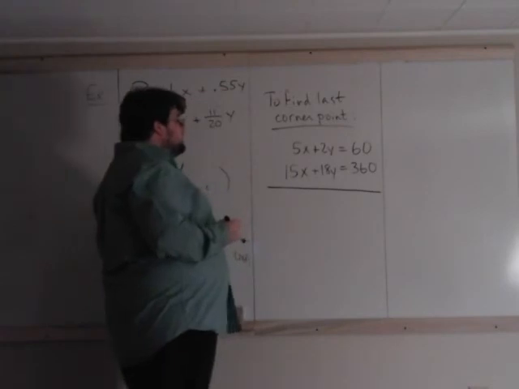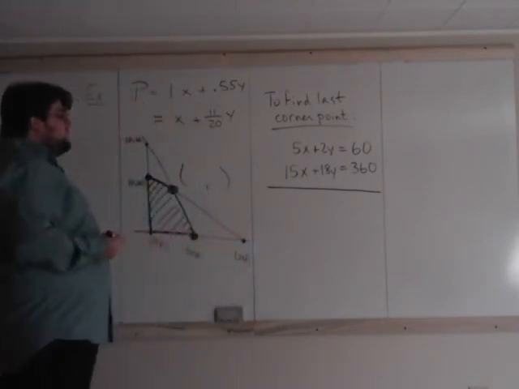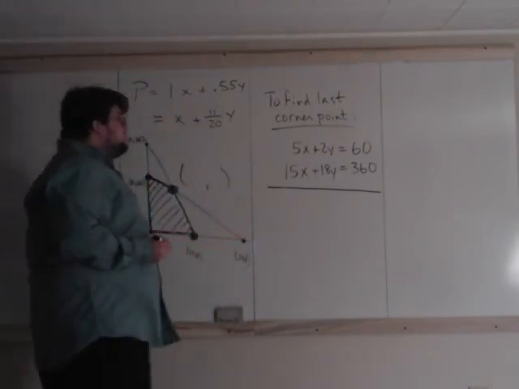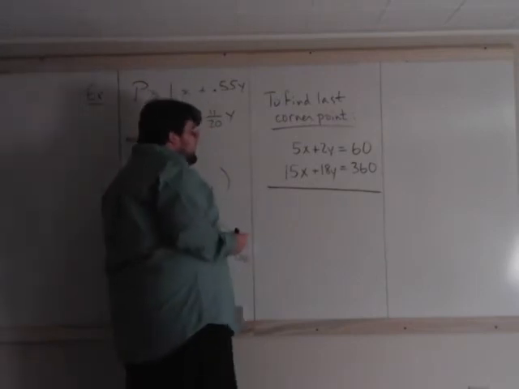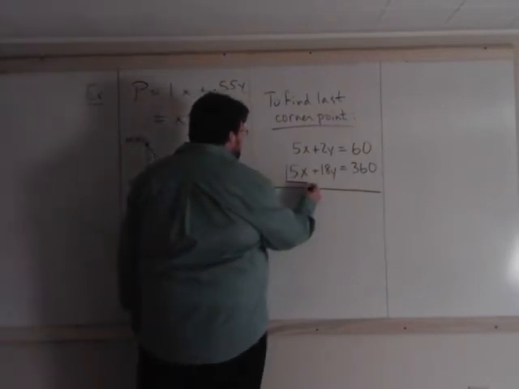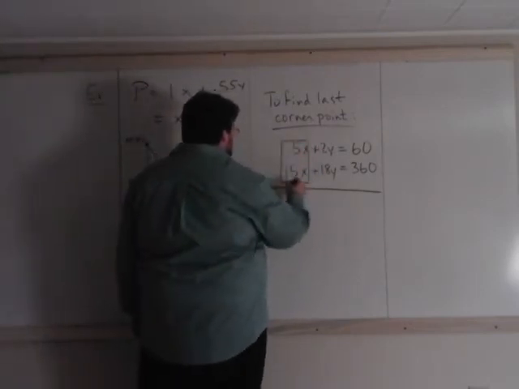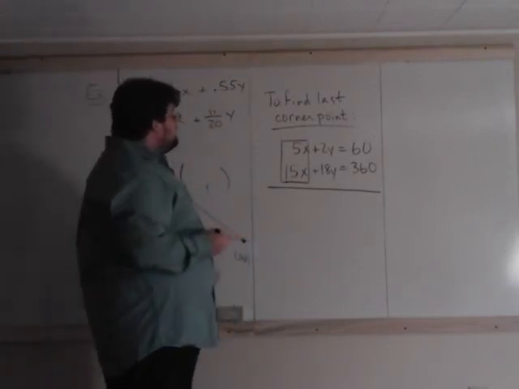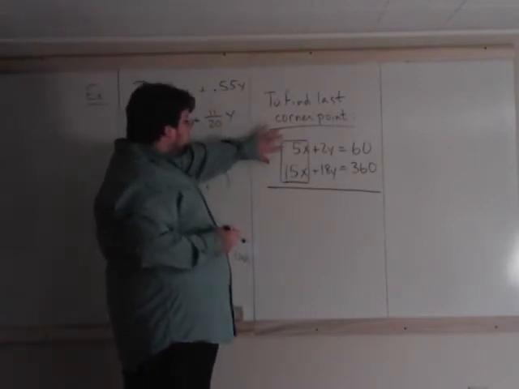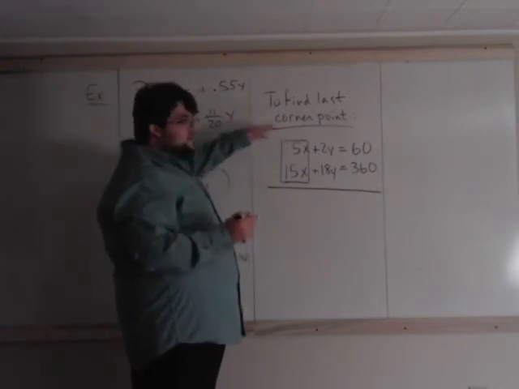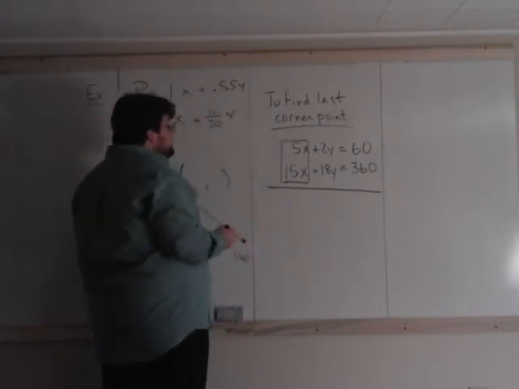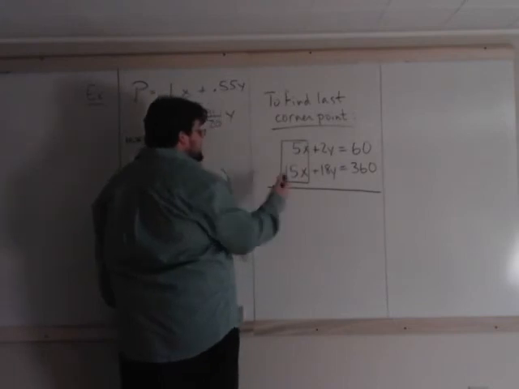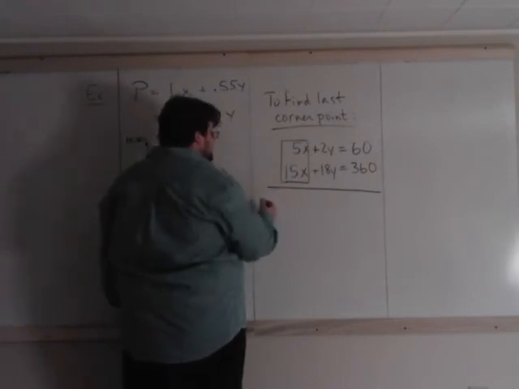Another way to do it is by playing with these equations. And what I mean by that is, let's force the coefficients here to be the same. What can we do to make those the same? Well, can we do something to this first one to make it look like a 15? Yes, we can. If we multiply the first equation by 3, what happens?